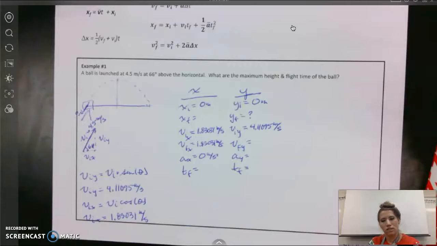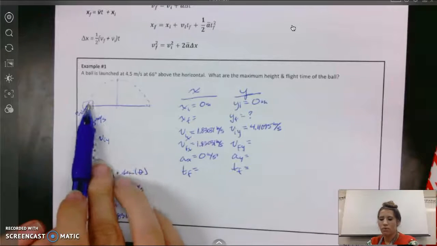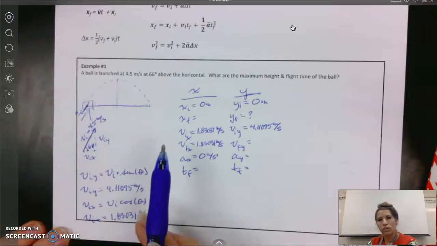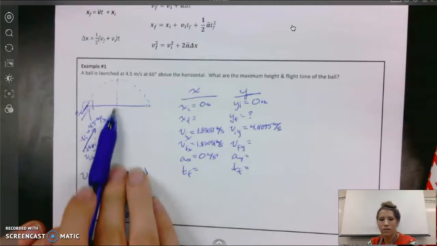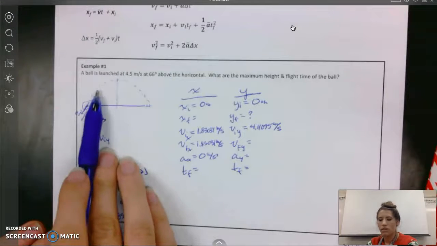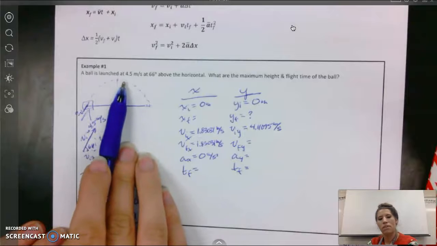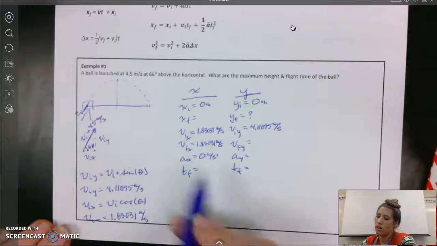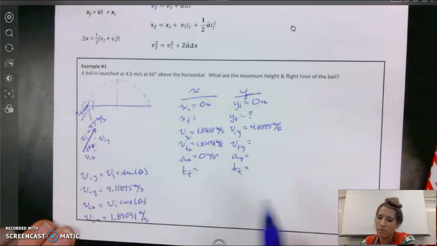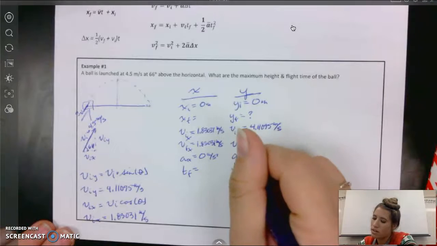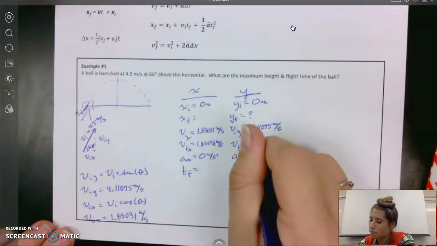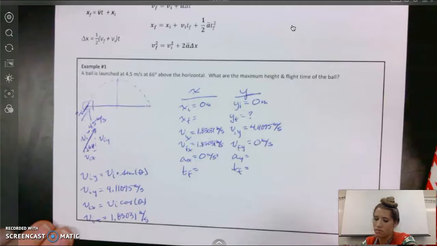We can make the same justification with projectile motion in 2 dimensions. In the y direction we slow down, we stop, and then we speed up. So at the very top of our arc, the velocity final in the y is 0 meters per second.